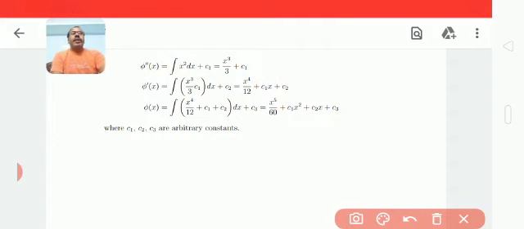So you integrate the third derivative of phi, which is equal to x square. The integration of the third derivative of phi is phi double dash x. The integration of right hand side, the integration of x square will be x cube upon 3 plus constant of integration.